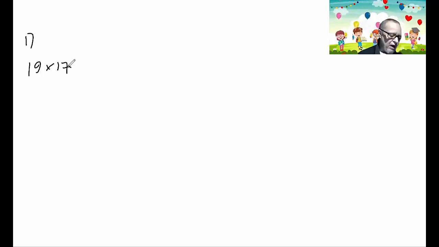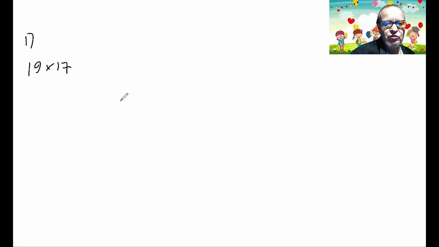In example number 1, we're asked to multiply 19 times 17, and we're asked to use the method of duplication and mediation. So this is the method we have to use to solve this particular example.